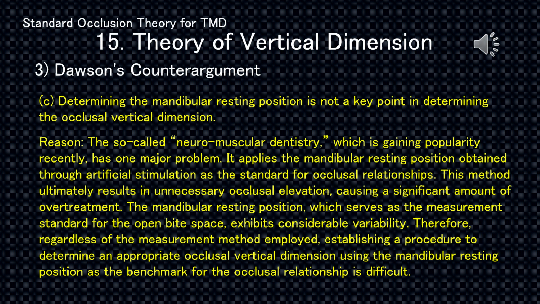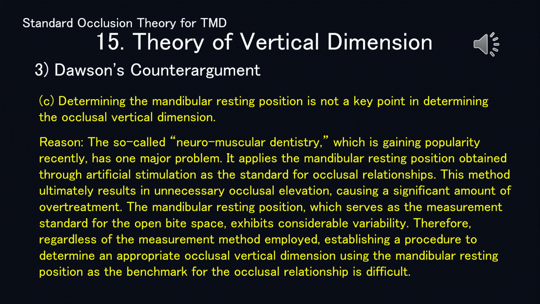C. Determining the mandibular resting position is not a key point in determining the occlusal vertical dimension. Reason: the so-called neuromuscular dentistry, which is gaining popularity recently, has one major problem. It applies the mandibular resting position obtained through artificial stimulation as the standard for occlusal relationships.